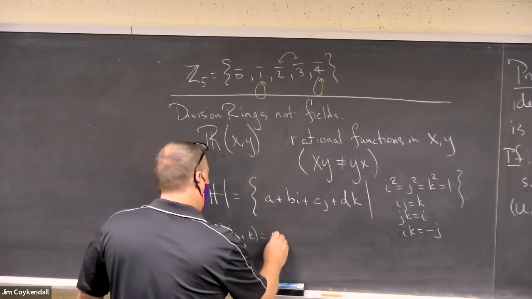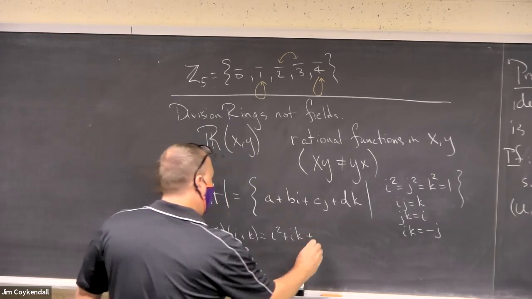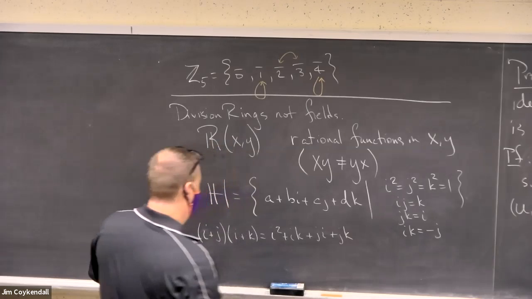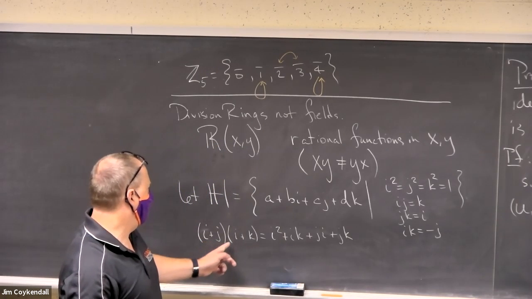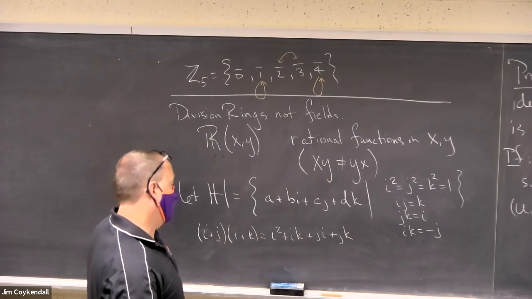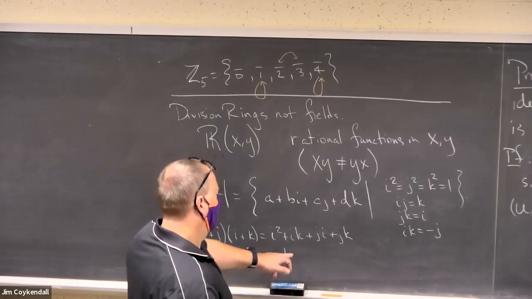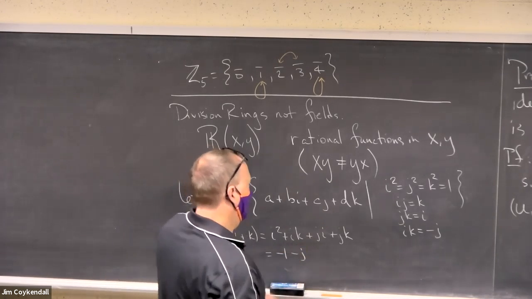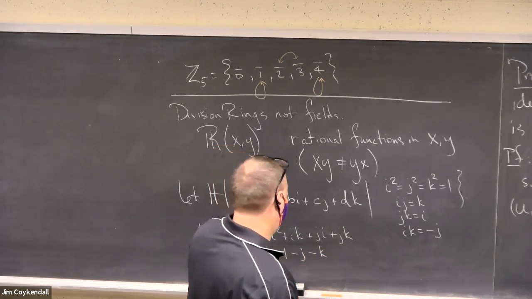This would be i squared plus ik plus ji plus jk, if I use the distributive property. This is minus 1. Let me see if I can, this is minus j. This is minus k. And this is i.